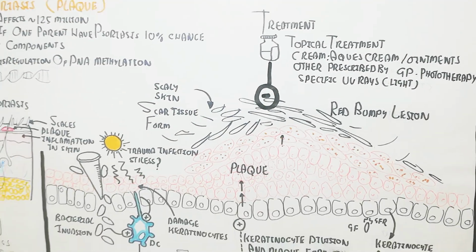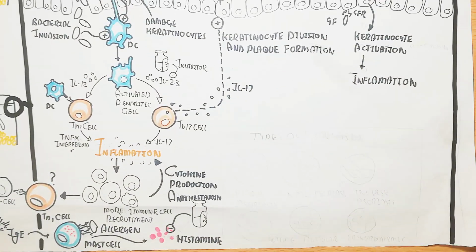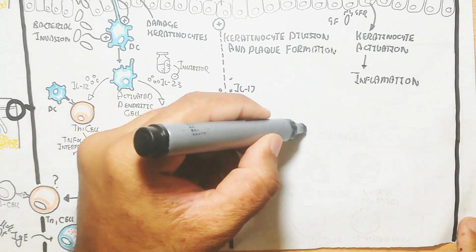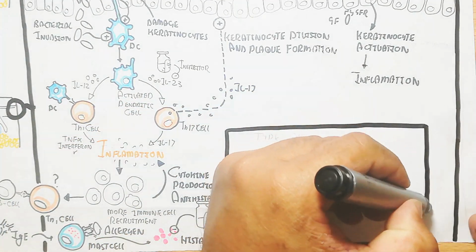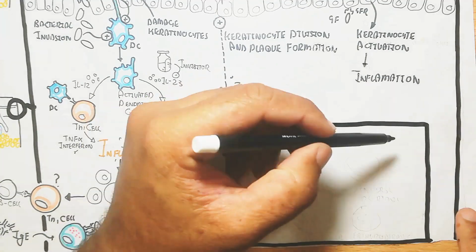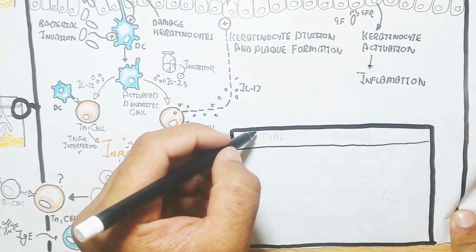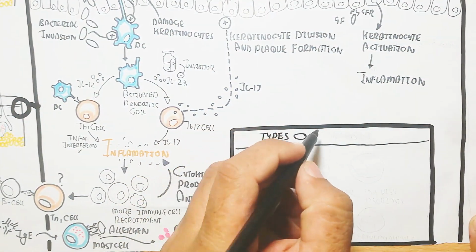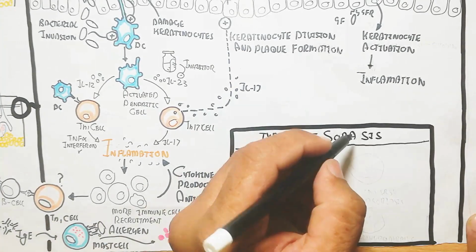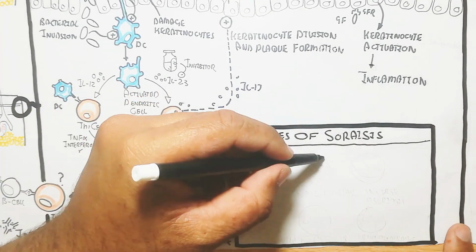Let's understand the types of psoriasis. Psoriasis can be classified into different types, like plaque psoriasis, with plaque formation on the skin. Psoriasis can also occur on the nails, and there is inverse psoriasis.